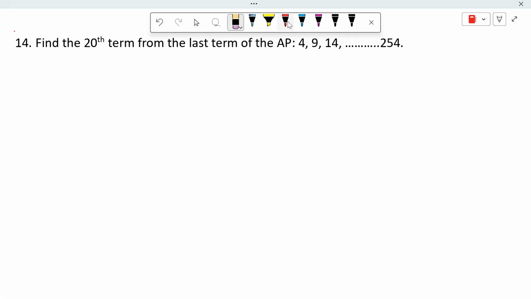Question number 14. Find the 20th term from the last term of the AP. Whenever they are asking from the last term, you rewrite the sequence from the last. Okay, keeping 254 as the first term. So what would be the next number then? So see here, the common difference is 9 minus 4, which is positive 5, isn't it? Similarly, if I want to write the sequence with 254 as the first number, I need to take the difference as negative 5.